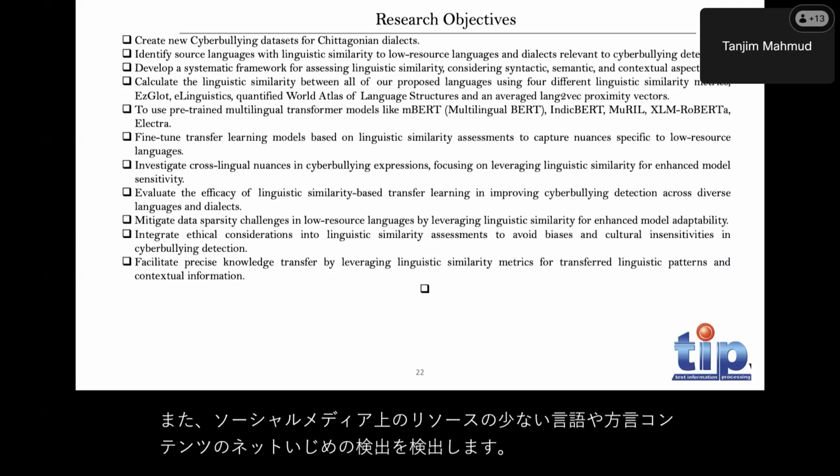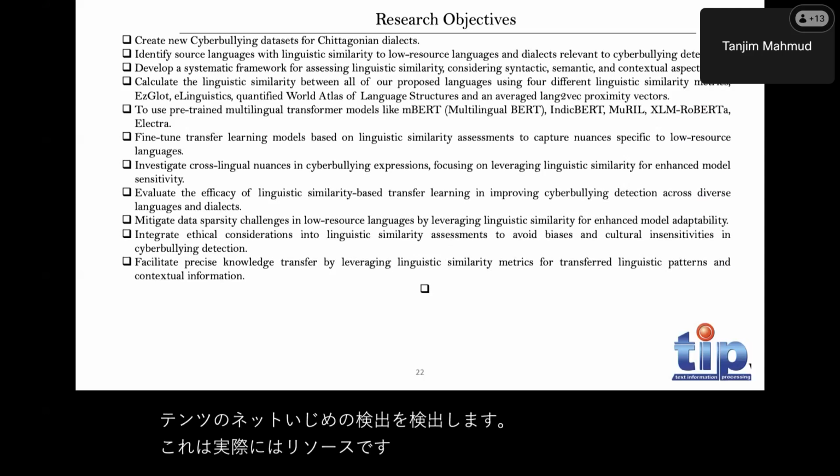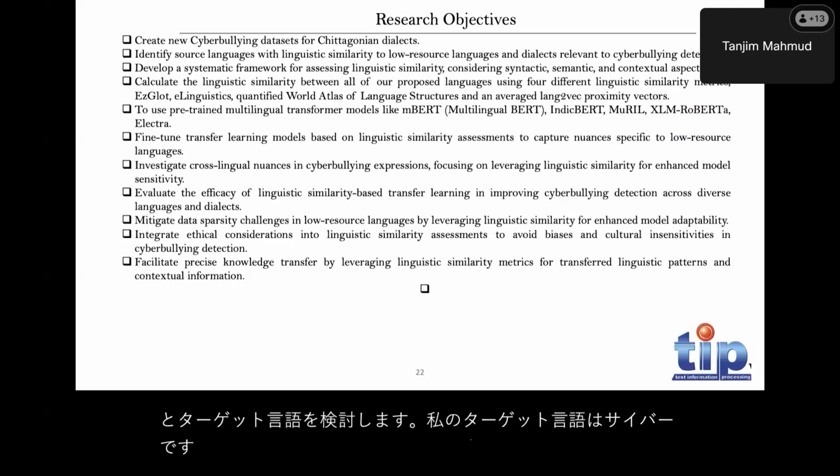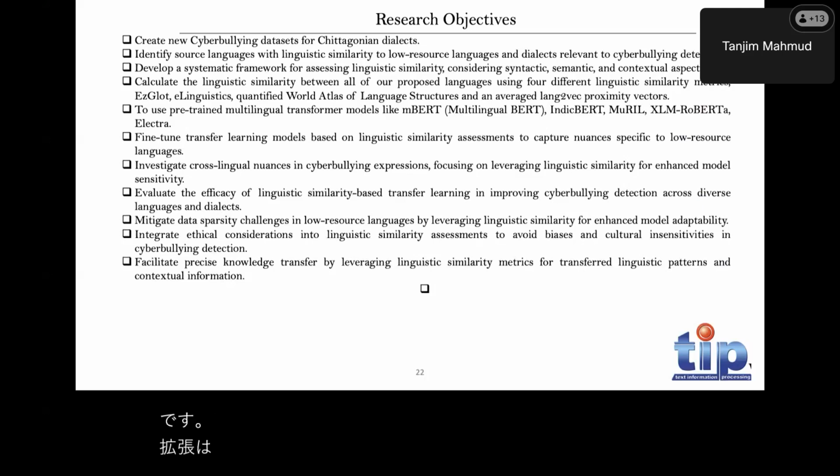This is the research objective. Firstly, we consider the source language and the target language. My target language is the Chittagonian dialect. The Chittagonian dialect is my country's language.